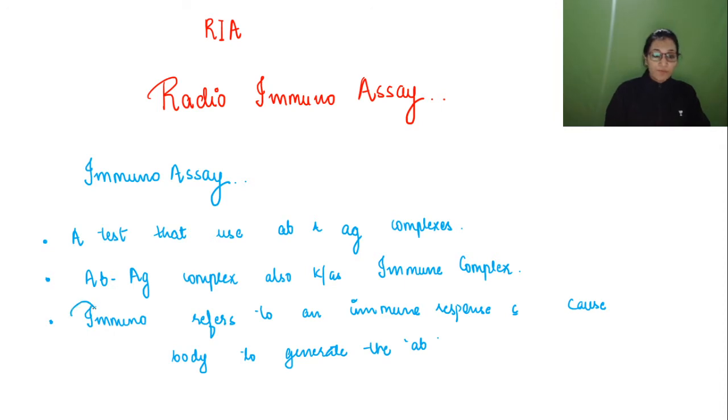So the word immuno, alone, not the assay, refers to any kind of immune response which leads to generation of antibody.